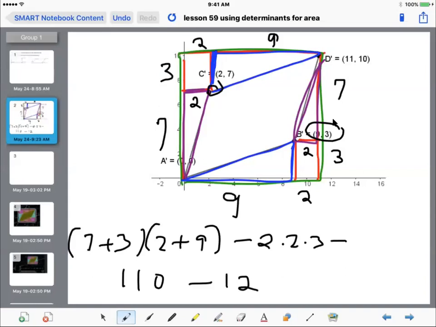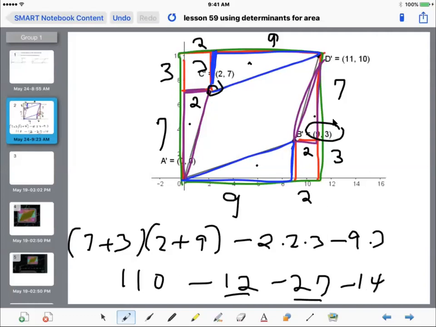There's 2 of them, so I could just put these 2 together and just get 9 times 3. And these 2 purple triangles, each is half of 2, 7, so it's minus 14. And when you do those, what I like to do is combine the negatives first. So 12 plus 27 is 9, plus 14 is 53.